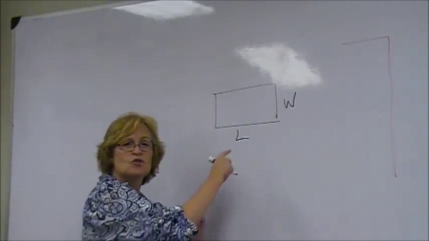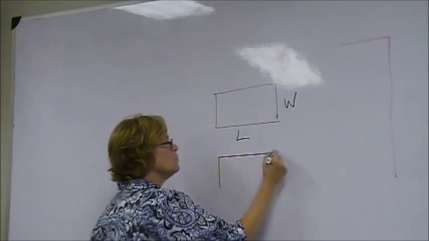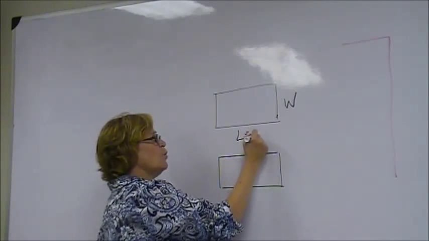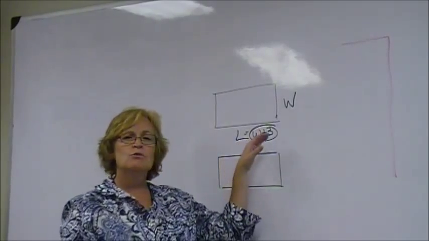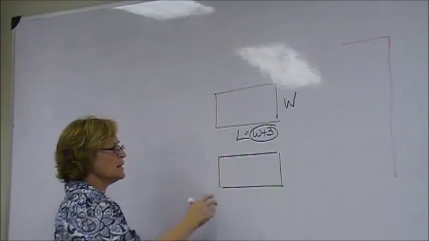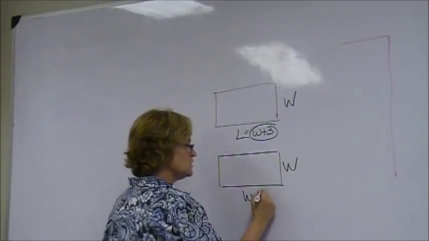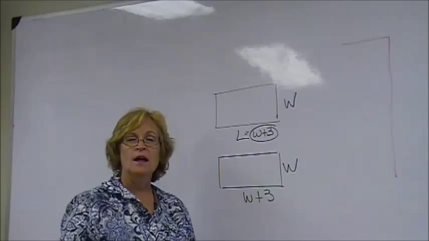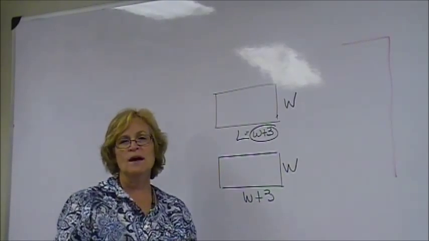My length and my width are different because I said my length is 3 more than my width. So instead of using 2 variables, I could use 1 variable, and I could say my length is equal to my width plus 3. So now instead of writing it length times width, I could write it width and then width plus 3. And then I told you that my area had a value. Well, how do you know how to find the area of a rectangle?